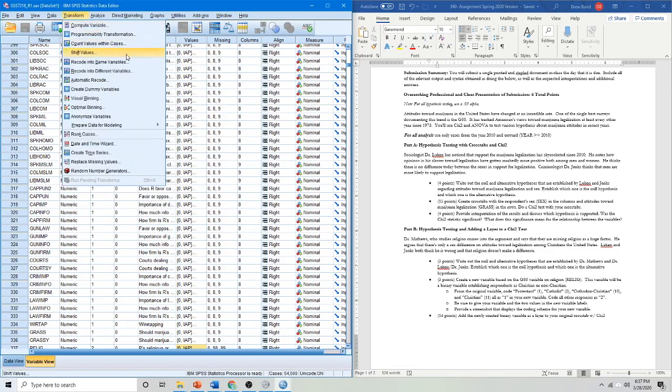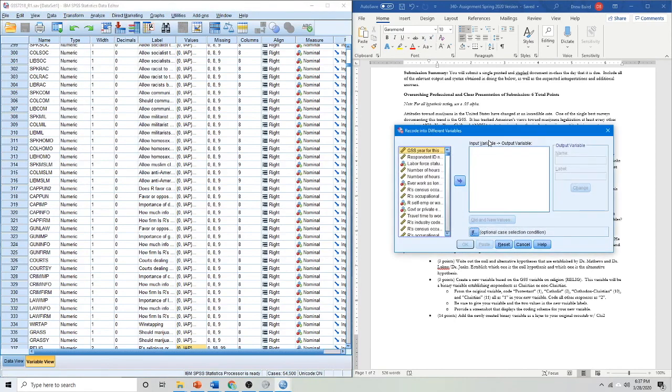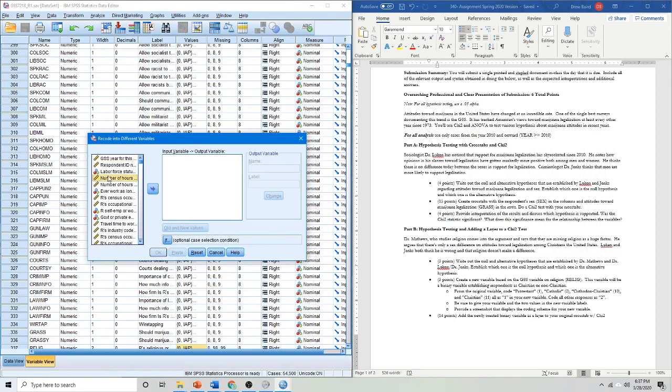And so you're going to recode into different variables, and you're going to base this on the relig variable. The relig variable is just the respondent's religion. So the output variable, our binary variable, we'll call it Christian, with the label R is Christian.